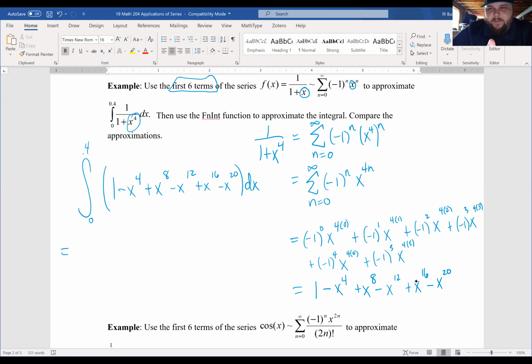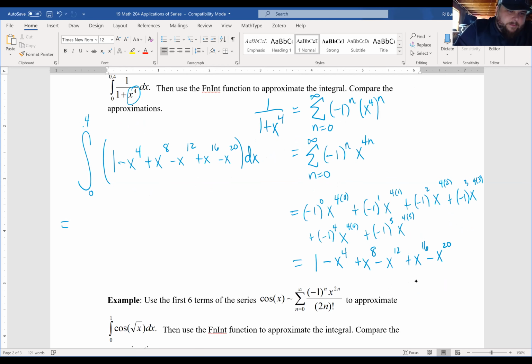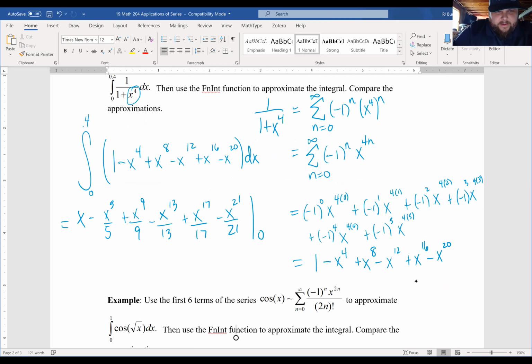Now here's where it turns out to be really nice for us, right? Because integrating polynomials is really simple. This is just going to be x minus x to the 5th over 5 plus x to the 9 over 9 minus x to the 13 over 13 and so on. And then all evaluated from 0 to 0.4. So you just got to plug 0.4 in everywhere. This is probably the hardest part of the problem, plugging it into the calculator at this point.